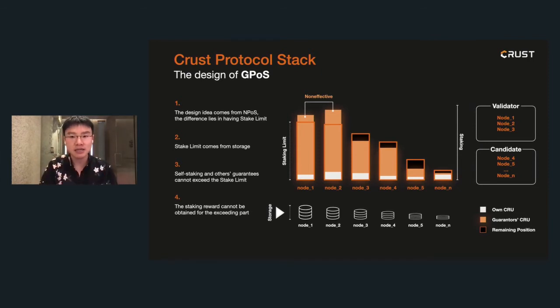As for the exiting part, it cannot get any reward, for both validators and its guarantors. This GPOS mechanism means the whole economic system will balance both POS and POW, and it will adjust itself automatically to achieve a dynamic balance between the POW and the POS.